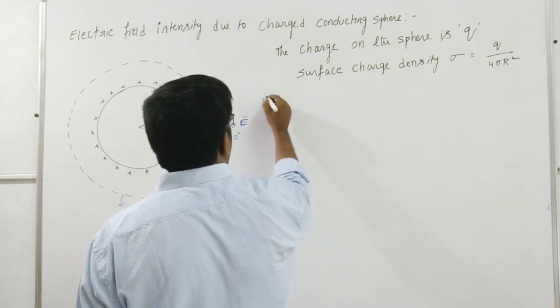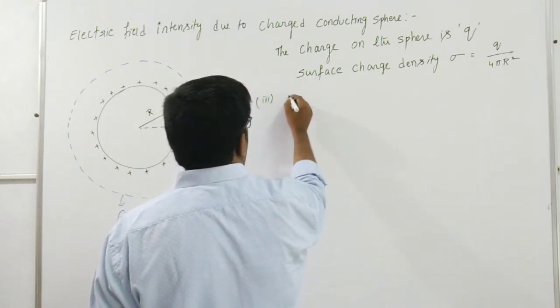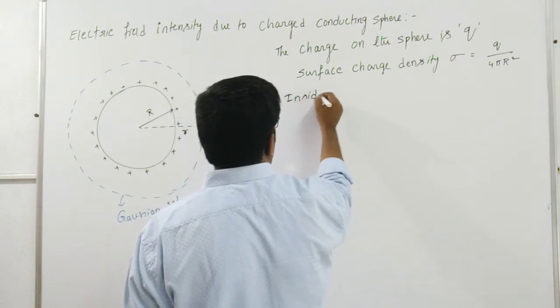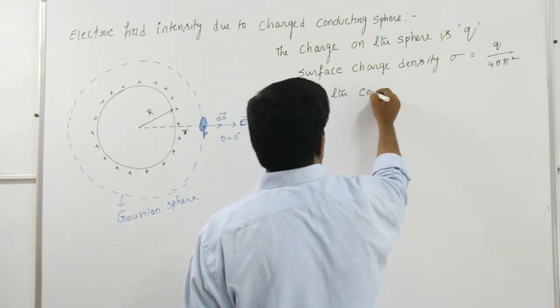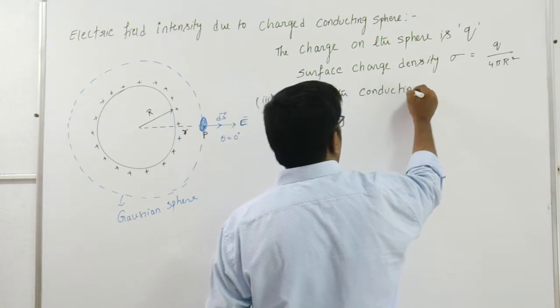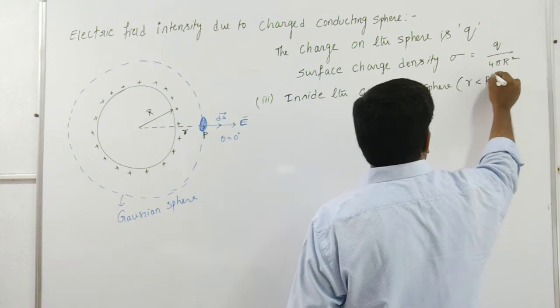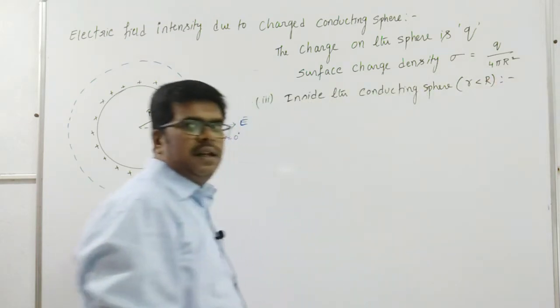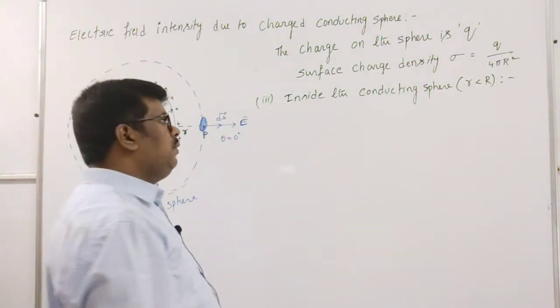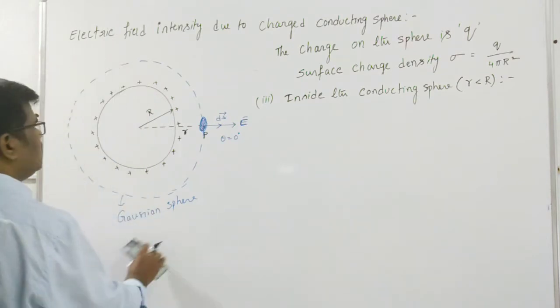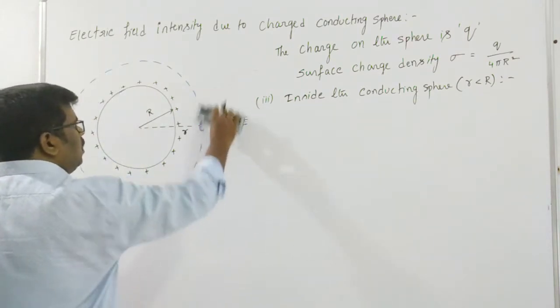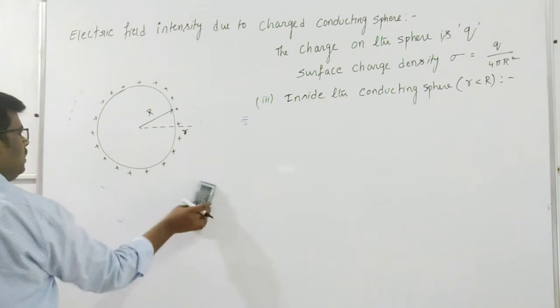Third case, inside the conducting sphere, small r less than capital R. If you take a point inside, the case is like this.